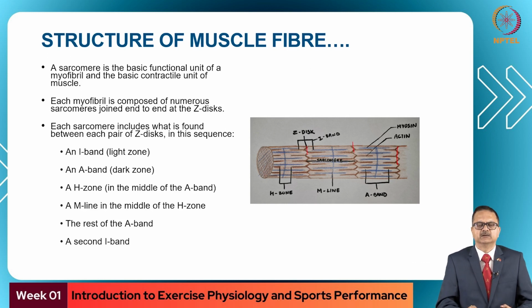The area between one Z disc and the other Z disc is one sarcomere. Now, each myofibril is comprised of numerous sarcomeres joined end to end at the Z discs.